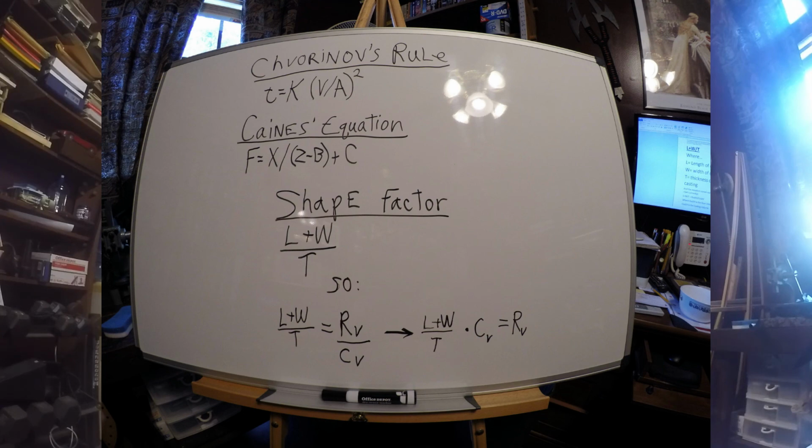The person after that tried to build on Chvorinov's rule. This guy named Kane made up an equation that kind of filled in the gap, and he made it to supply the size of a riser that you needed to feed a rangy or lanky type of casting, something that might be fairly long.